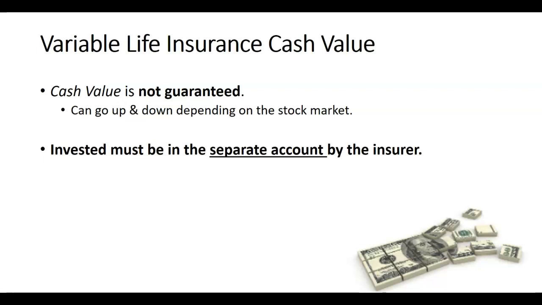The market goes up and down, sideways, all that. So we may not see that money in our cash value. The investments must be in a separate account to protect the other account, to protect our death benefit. So the separate account is held by the insurer.